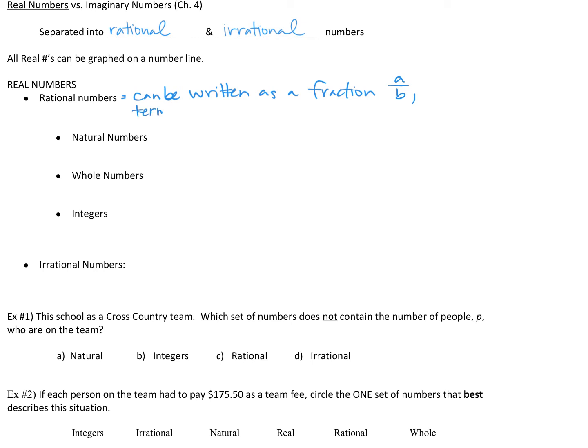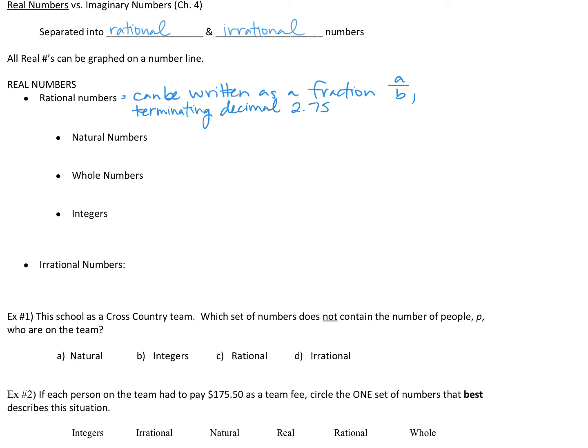Do you know what terminating means? Terminating means it does have an end, right? It terminates, it ends. So a terminating decimal, that would be like 2.75, okay, is a terminating decimal. It has an end, whereas like 1.237468, not a terminating decimal.